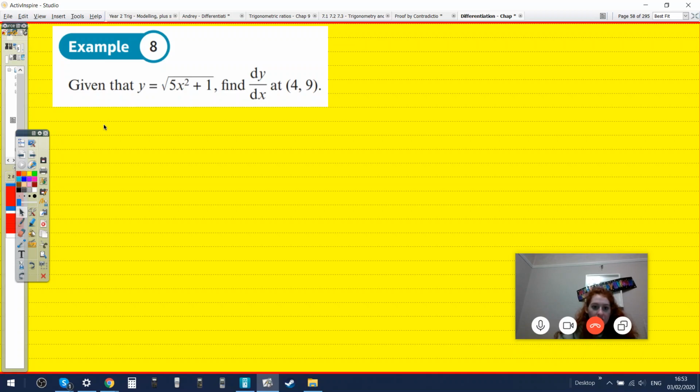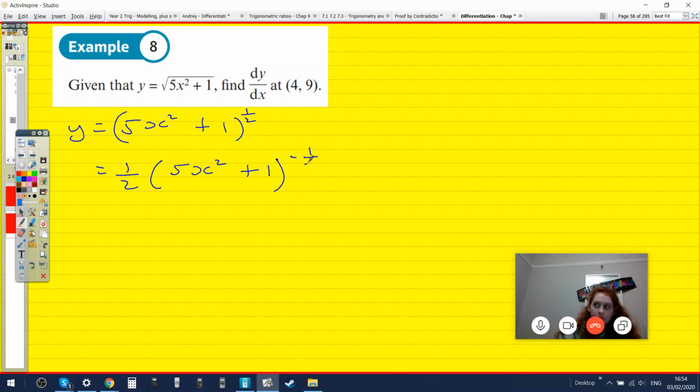We could change it so it was 5x squared plus 1 to the power of a half, and then differentiate it that way. So it would be a half, bring the half down, and then 5x squared plus 1, and then the power would be minus a half.